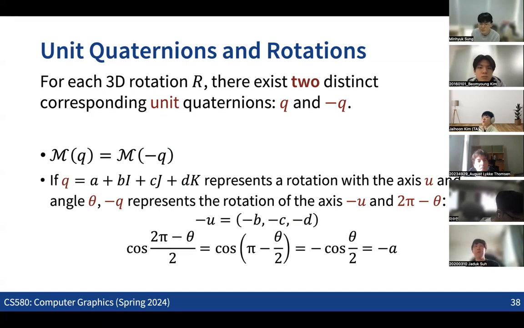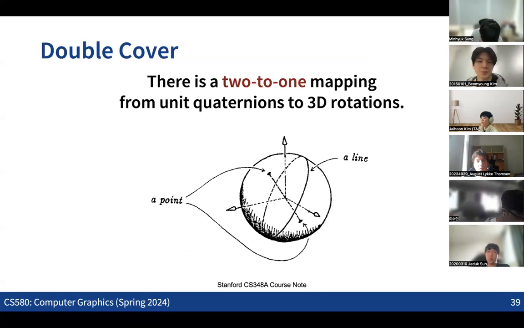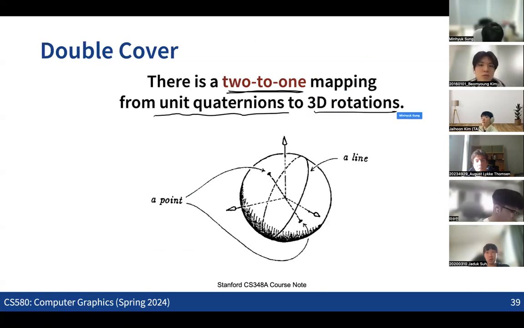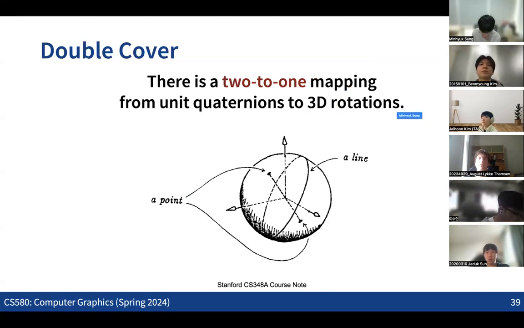There always exist two distinct unit quaternions that represent the same rotation. So this means there is an interesting 2-to-1 mapping between the unit quaternions and these 3D rotations. And we know that the unit quaternion is basically a point on the unit hypersphere in 4-dimensional space.